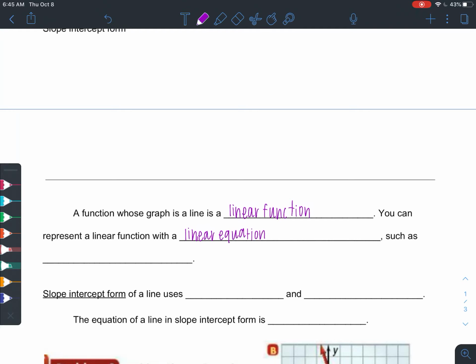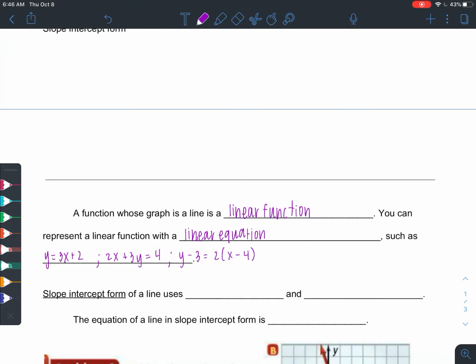All right, so we can write that out a bunch of different ways. We could have y equals 3x plus 2. We could have 2x plus 3y equals 4. We could have y minus 3 equals 2 times x minus 4. So those are 3 different ways we could represent a line. Those are all different lines, but they're just 3 different ways of writing them.